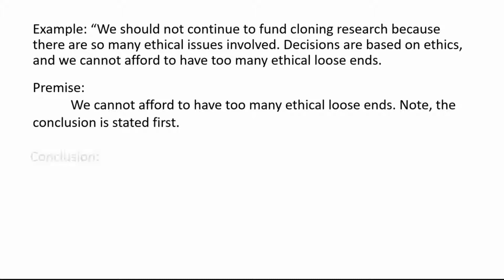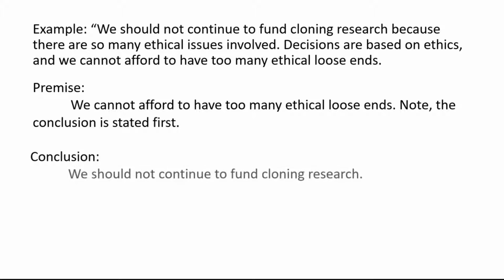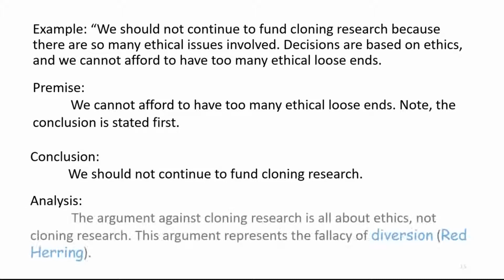Now the conclusion is we should not continue to fund cloning research. The analysis here: the argument against cloning research is all about ethics and not about cloning research. This argument represents the fallacy of diversion, also often called red herring.